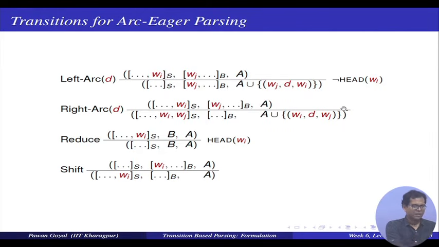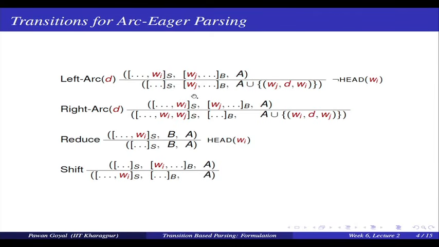Okay. So, now again you can try to think here, why we did not remove Wi from the stack, or why we did not remove Wj from the buffer and remove it altogether, why we are not doing it, and try to think in terms of the constraints that we have put over our dependency parse. Okay, and you will come up with some nice intuitions that why we are defining the transitions in this particular manner.